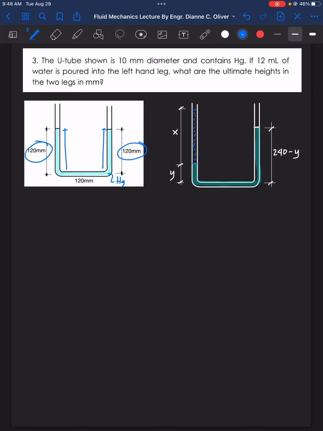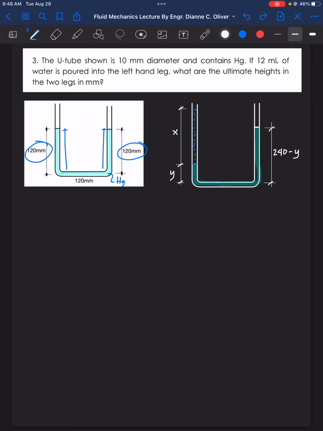Now if the right side moves upward and the left side is being reduced, therefore the total is 240, and you just subtract the Y in order to get the value at the right side. Okay, now we need to find the value of X plus Y and 240 minus Y.